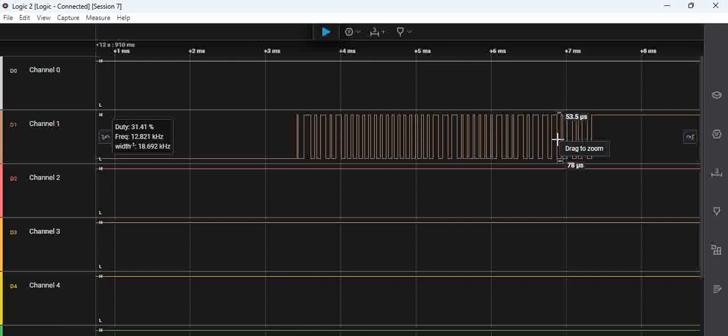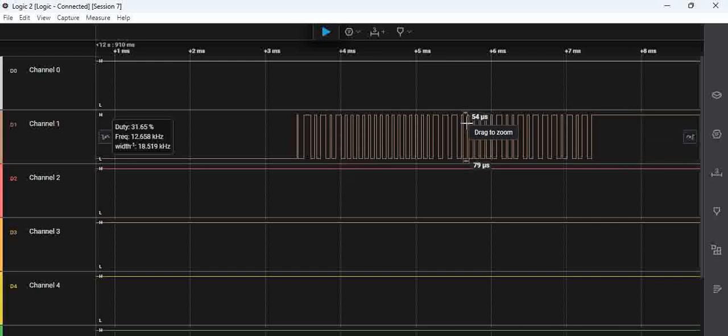So the integral part comes first, and then it is followed by the decimal part, and finally the last 8 bits will be checksum data. So that means two 8 bits of humidity data, two 8 bits of temperature data, and then the checksum data. So that comprises 40-bit data.